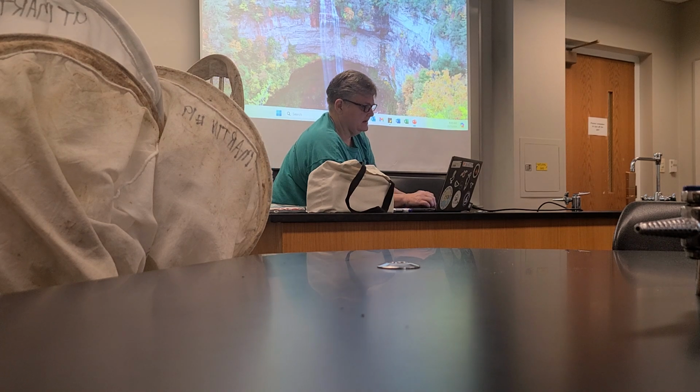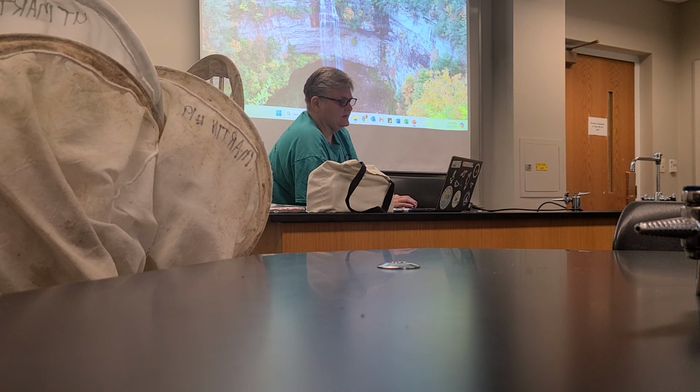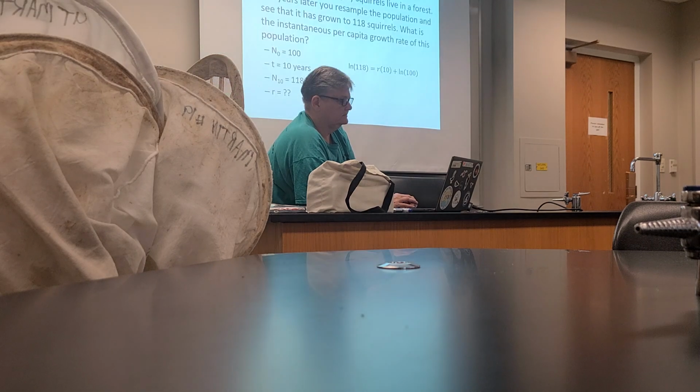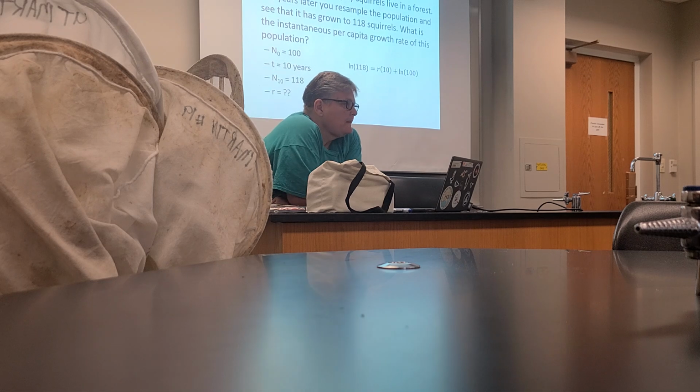Keep up with your units. 10 years. And our population size at year 10 was 118. And in this case, we want to solve for r. What is the instantaneous per capita growth rate?